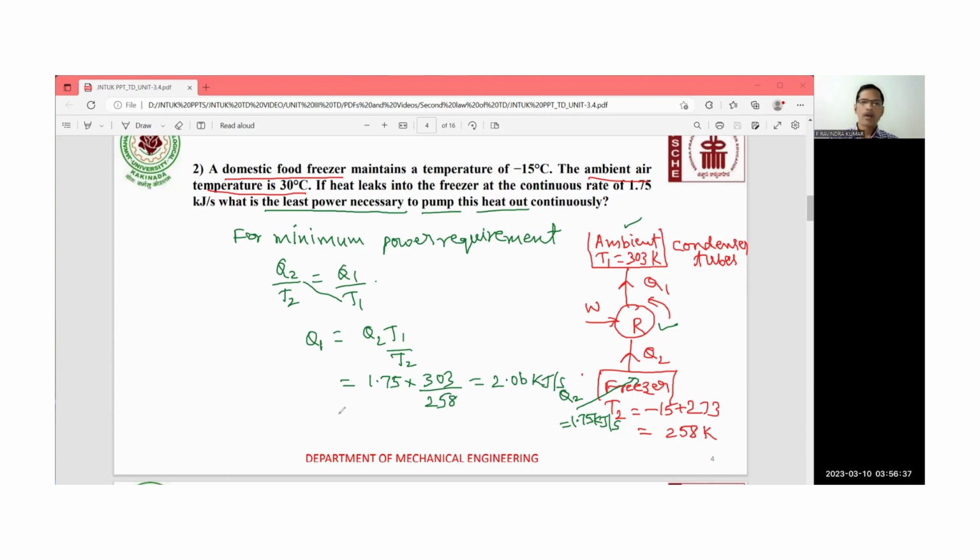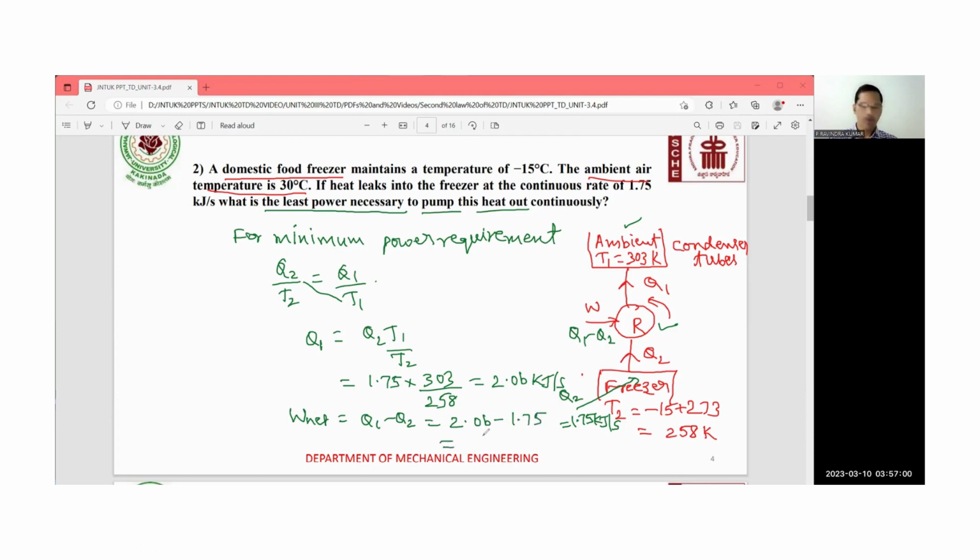Right? So the W net is nothing but equal to Q1 minus Q2. This work spent is equal to Q1 minus Q2. What is Q1? 2.06 minus 1.75. So what is the answer?